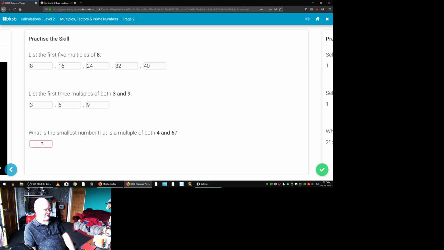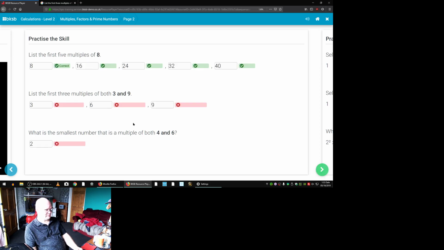What is the smallest number that is a multiple of both 4 and 6? 2. Like 2 times 2 is 4. That has to be all wrong. Yeah, 12. Yeah, look.